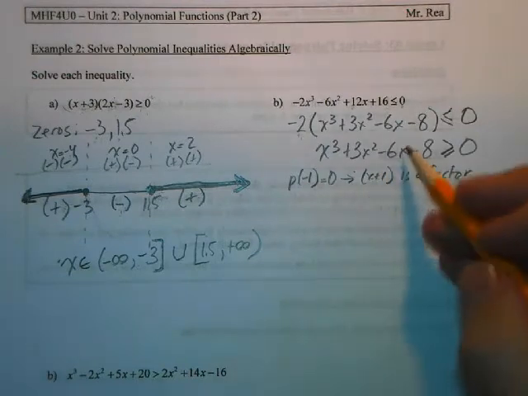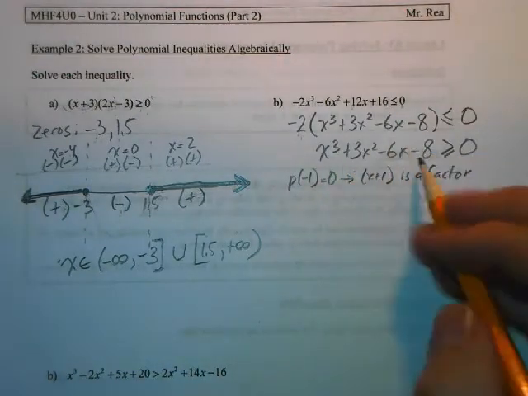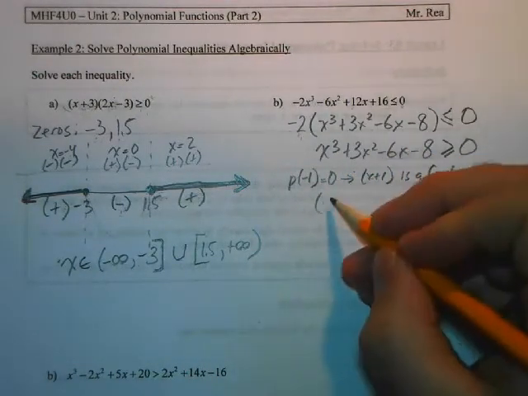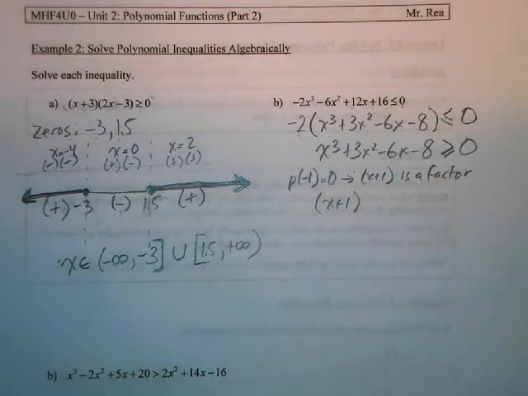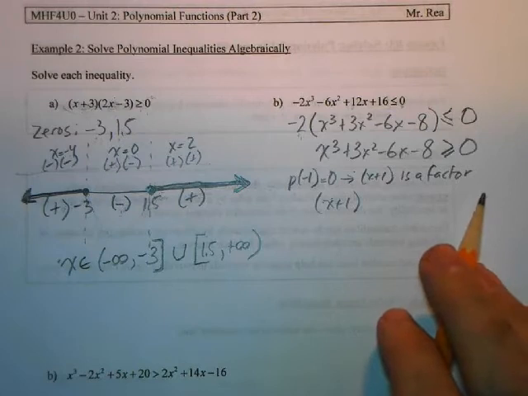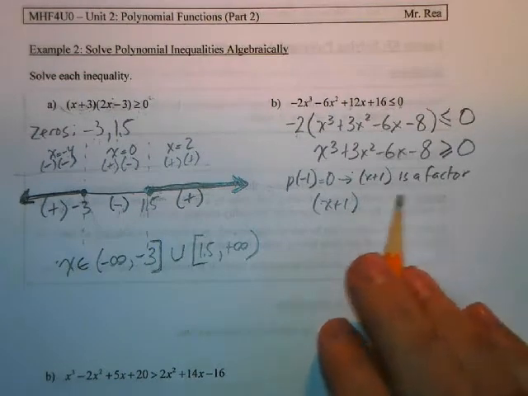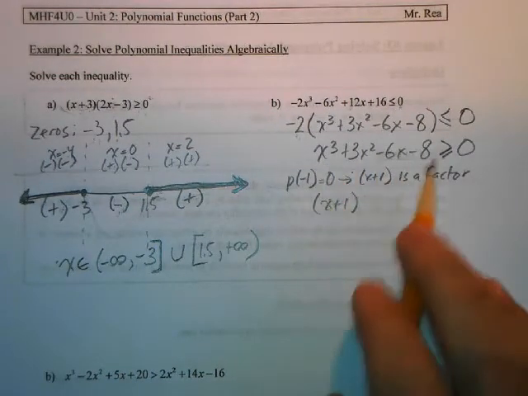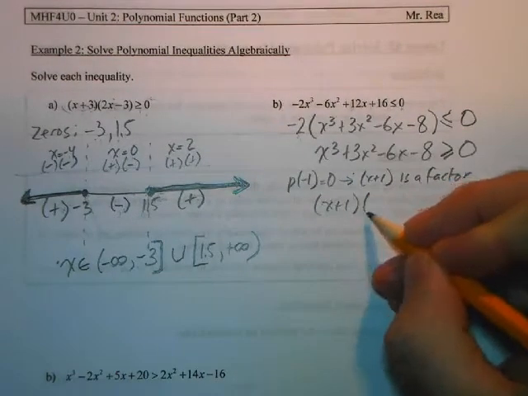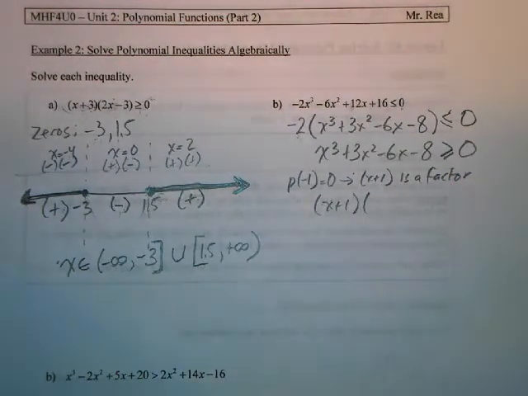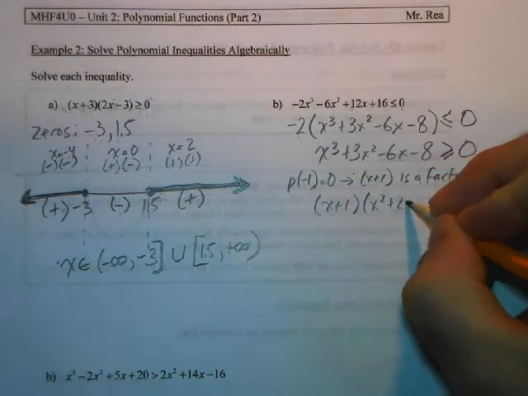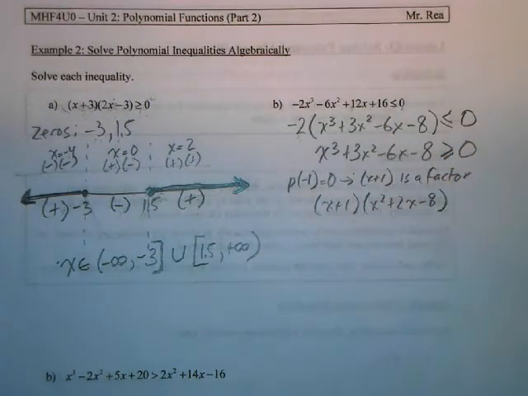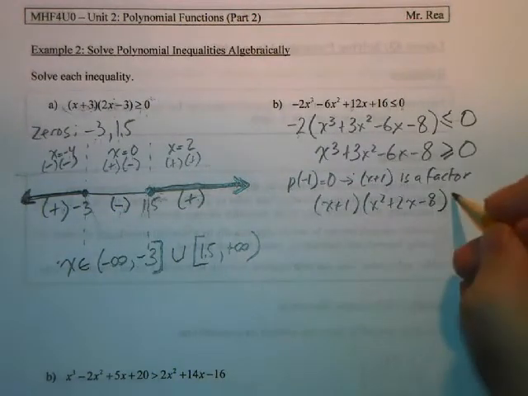And then this left side changes to x plus 1, and I'm going to assume we did our division on a sidebar or a separate piece of paper. If you divide x plus 1 from this cubic, you're going to get x squared plus 2x minus 8 as the quotient.